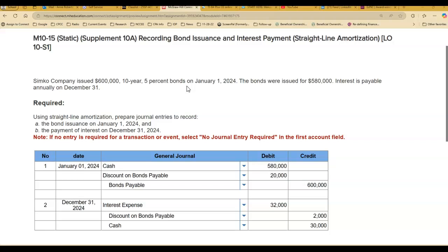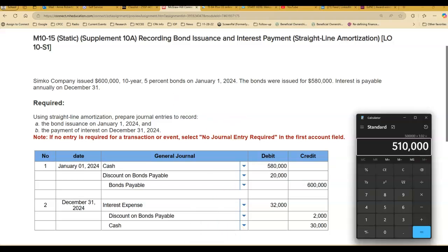So effectively, we can actually estimate, let's see, hang on. Effectively what's happening here is market interest rates must have been somewhere around maybe a 5.5-ish.